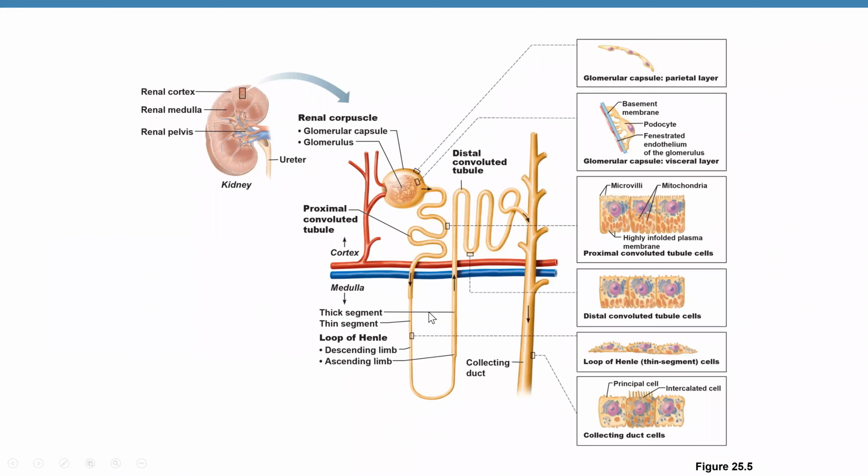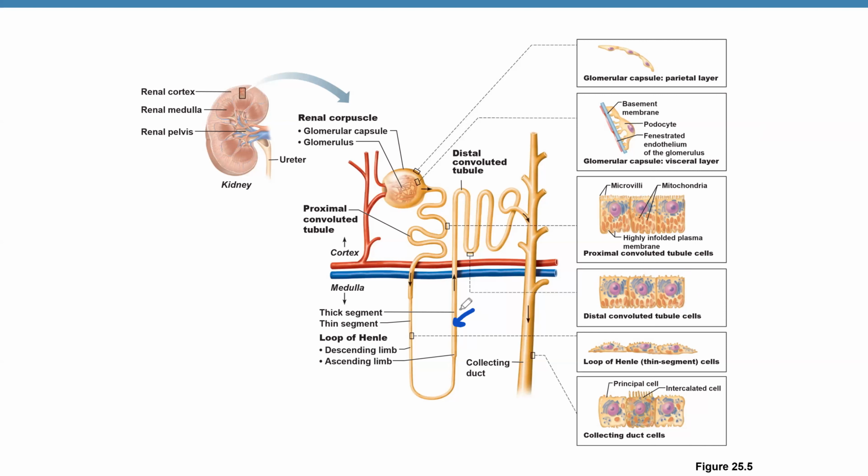Right, so here's a summary that tells you the histology of the nephron. Here's the glomerular capsule, the capsule itself, simple squamous, then the glomerulus visceral layer made of simple squamous endothelium and podocytes; proximal convoluted tubule, simple cuboidal with multiple microvilli and many mitochondria; distal convoluted tubule, simple cuboidal with fewer mitochondria and fewer microvilli; loop of Henle, if it's a thin segment, that is simple squamous.